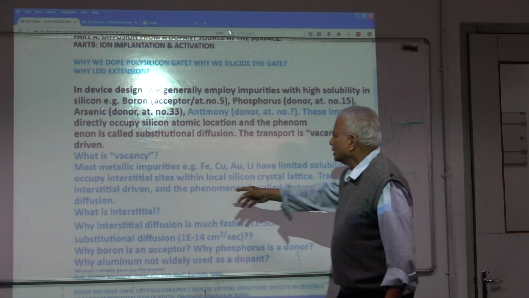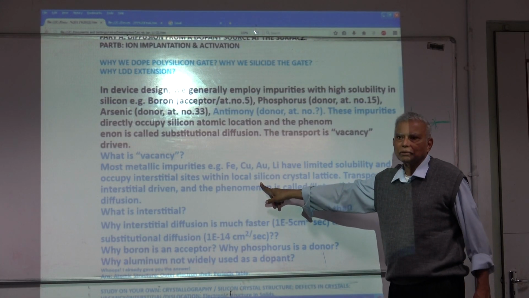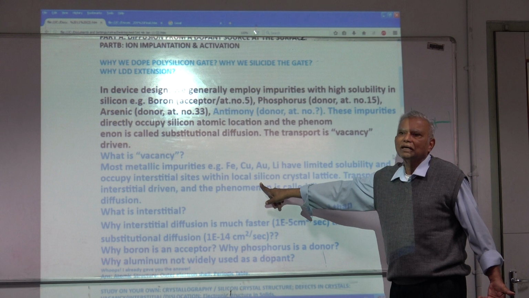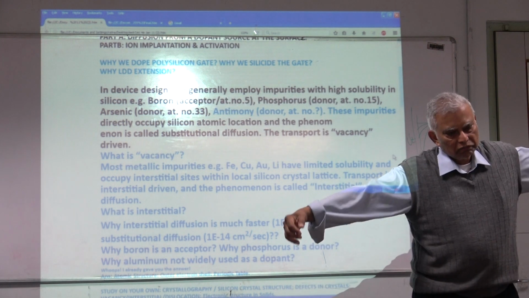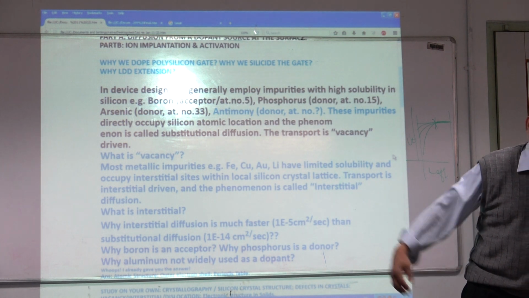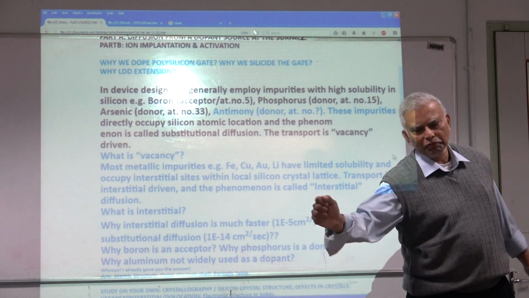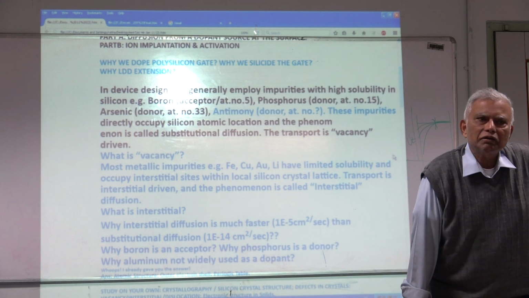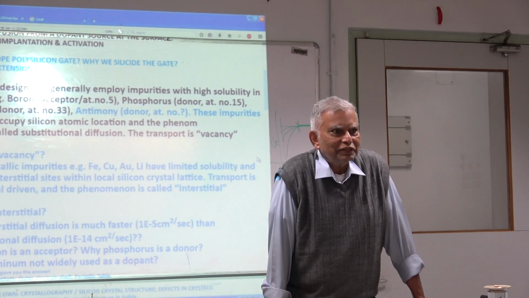Because they're big and occupy interstitial sites. The only place they can occupy is to move the silicon away, and the gold atom comes in, and the silicon has to be pushed out. And it occupies probably more than 2 atomic sites.